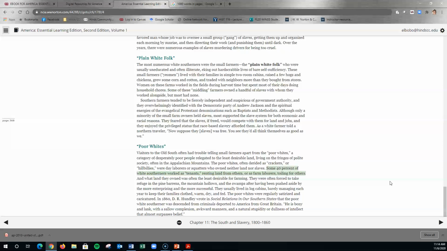They were oftentimes made fun of. They were derided by the plantation owners, just like many of the slaves were. Being a poor white was not one of the best things to be, except that they were free.